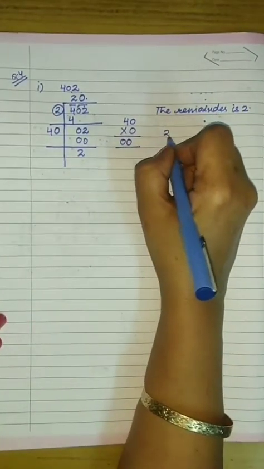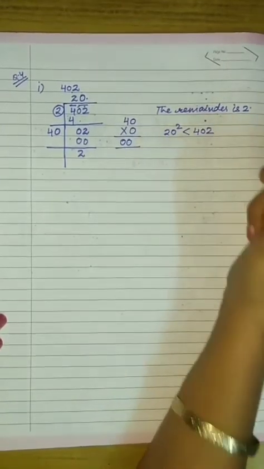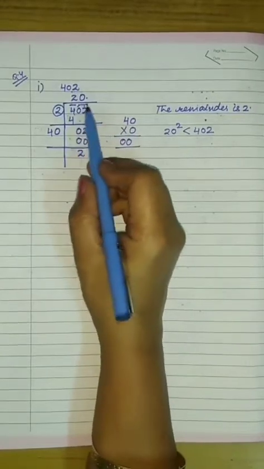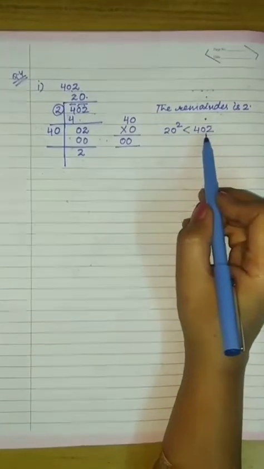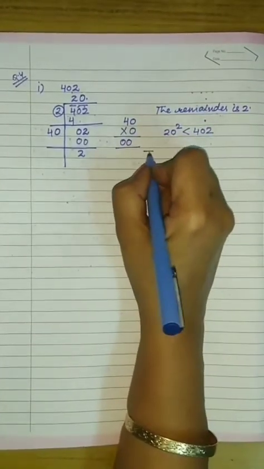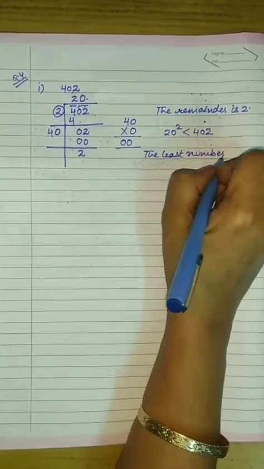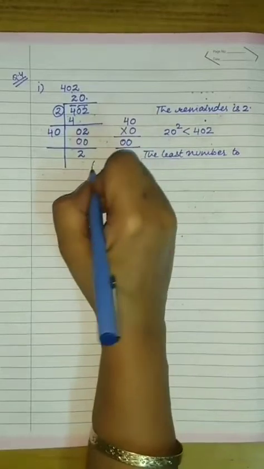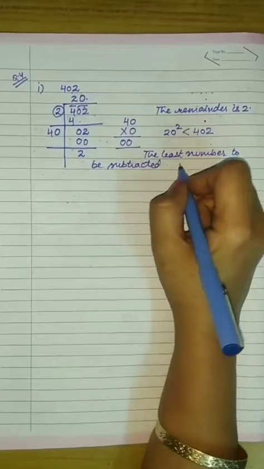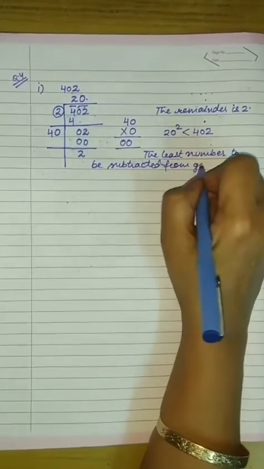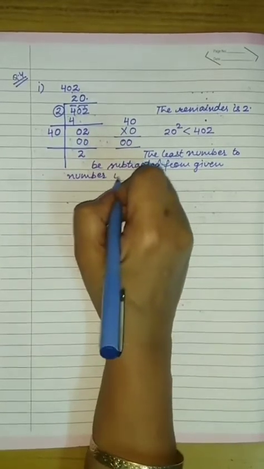It means 20 square is less than 402. Means 20 square is 400, but this number is 402. So 20 square is less than 402. So the least number to be subtracted from given number is 2.